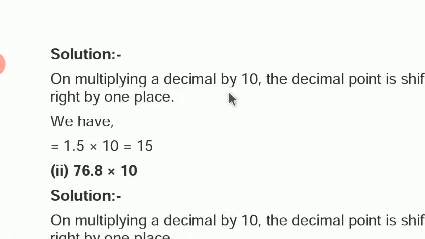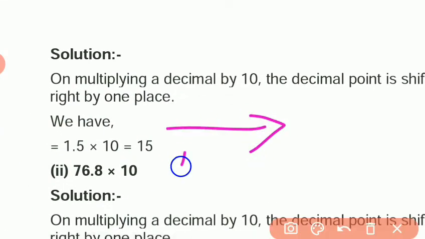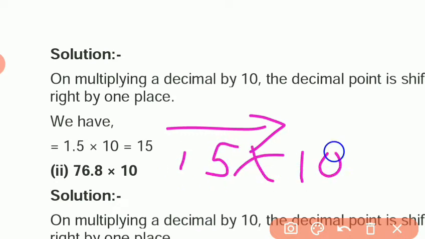Right means to this side. See how to shift. 1.5 is multiplied by 10. And 10 has how many zeros? Only one zero. So we have to shift the point to the right side by only one place. It means the decimal will come after 5. So the answer will be 15.